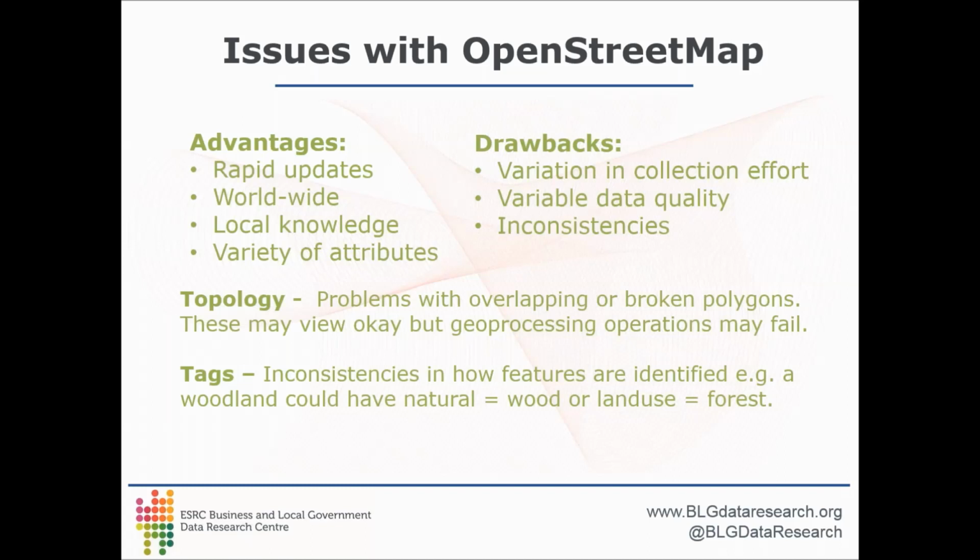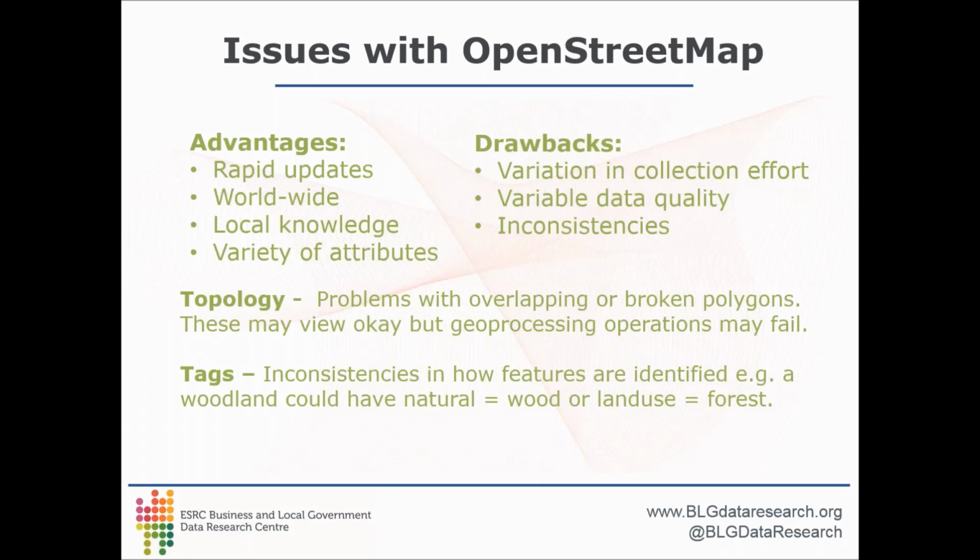And the same kind of thing can happen in terms of the tags, the attribute data. You can get inconsistencies in how features are identified. So an area of woodland in one place might be identified by having the tag natural equals wood, and in another place it might have the tag landuse equals forest.